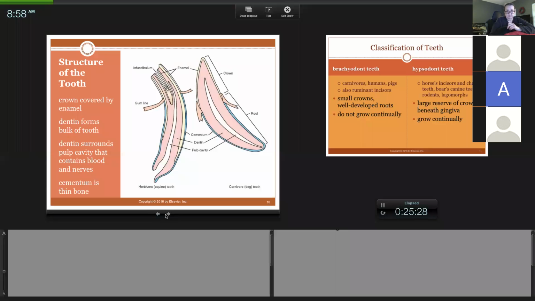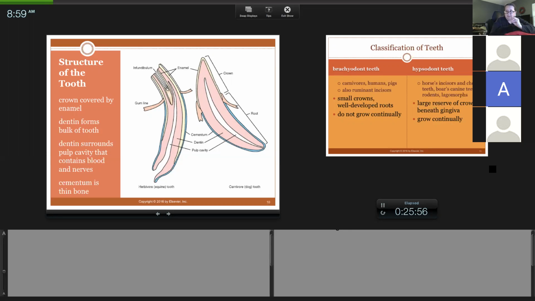Okay, the structure of the tooth. Again, I've talked about the dentin being the majority of it. What I want to mention here is that enamel covers the crown, or the top, you see. Now, here is the gum line. Everything under here is in the bone of either the maxilla or the mandible, and it is under the gum line.